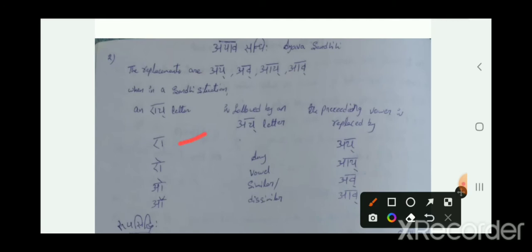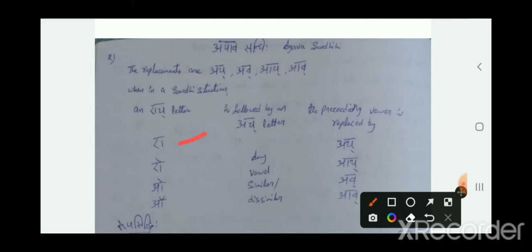The first case is if A is the preceding vowel, then the replacement is I. If I is the preceding vowel, then the replacement is I. If O is the preceding vowel, then Ow is the replacement. If Ow is the preceding vowel, then the replacement is Ow. So these are the four cases.